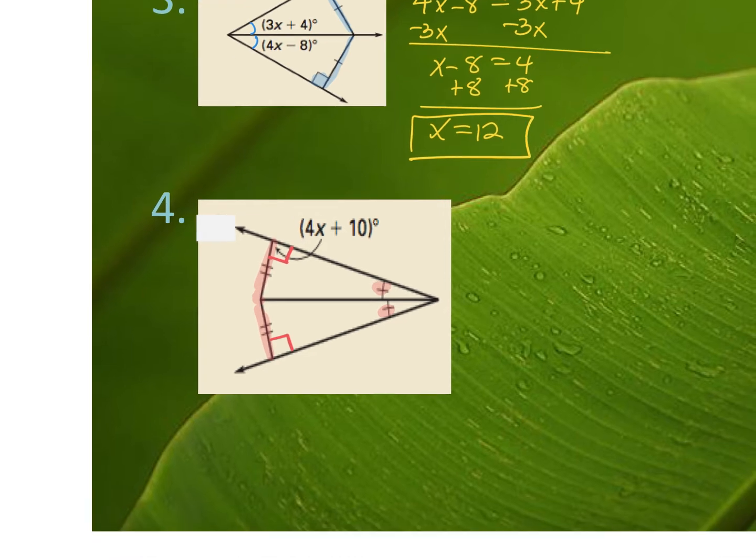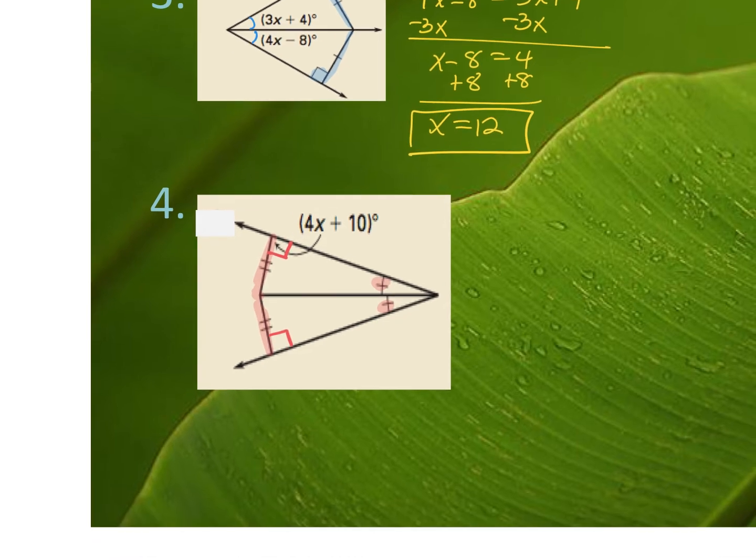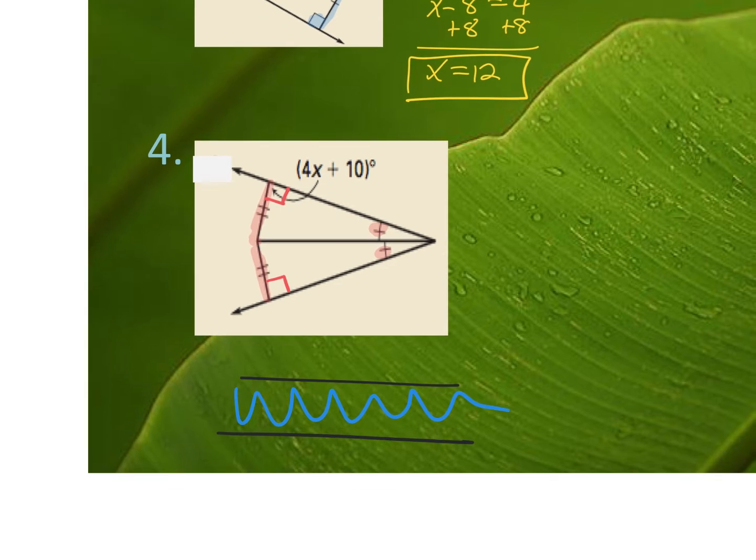So again, just like we talked about when we talked about the distance from a point to a line back in chapter 3, if you've got your banks of the river and you want to swim across this river, we always want to go the perpendicular distance across, and that's how distance is always indicated, by the little right angle. So this tells me that since I know this was a distance, I'm going to set 4x plus 10 equal to 90 degrees.